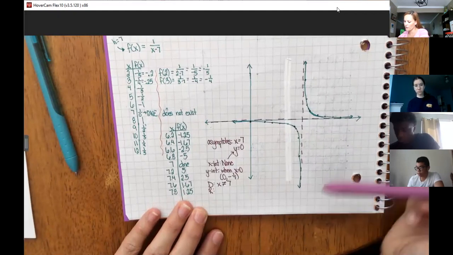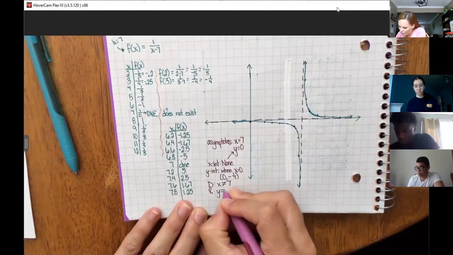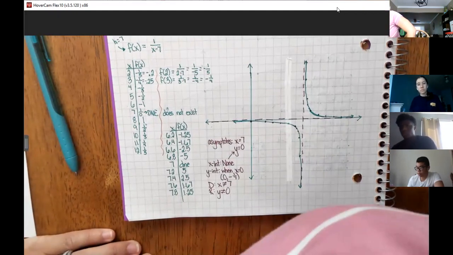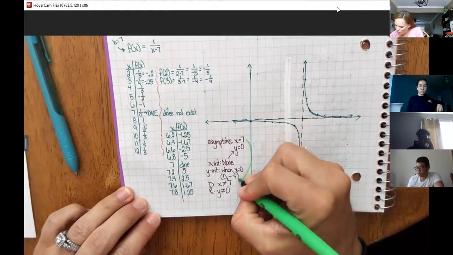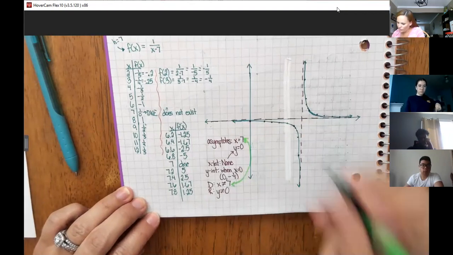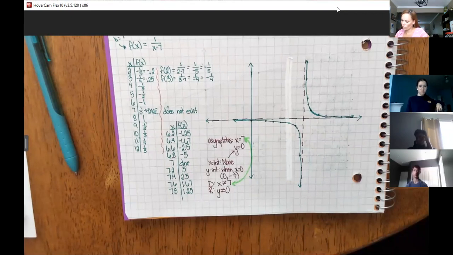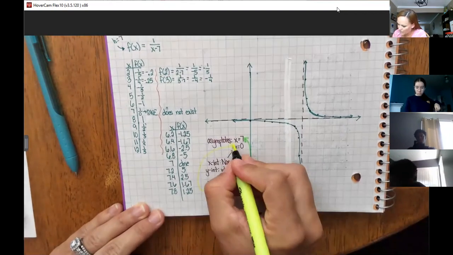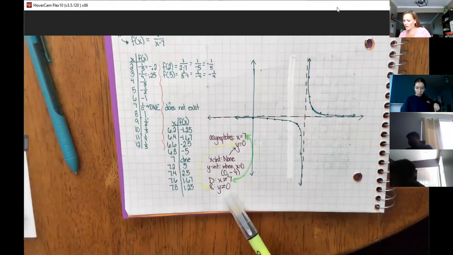It goes down forever, it goes up forever, but it doesn't ever hit 0. So our range is y doesn't equal 0. So you can see the correlation with the asymptotes in the domain and range. It's not allowed to be those numbers in the domain and range, so that's why we have asymptotes at those points.